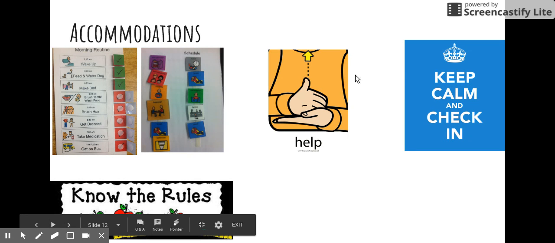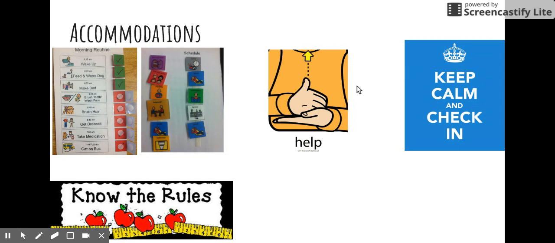Next one I have is know the rules. I know we teach rules at home, and at school we teach the students rules, but it's very important that we are specific and give lots of examples. So don't just say be respectful, give examples. Tell them what being respectful looks like, what it sounds like, how it feels.